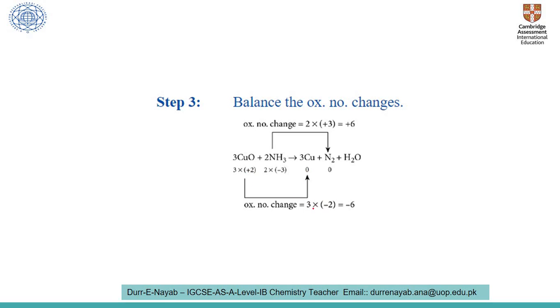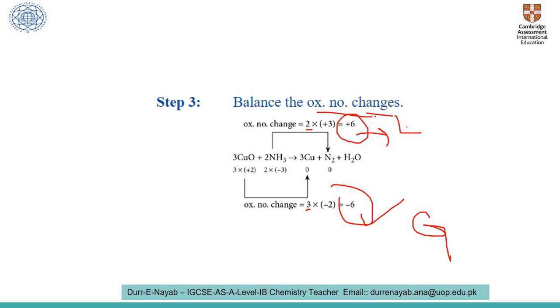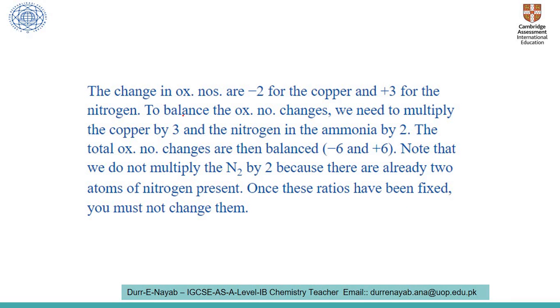So what I will do is multiply this with 3 and this with 2. So 3 twos are 6, -6 will come, and here +6 will come. So this was the gain, and here was the loss. Now the gain and loss of electrons, of charges, the oxidation number changes by the charges. That is now balanced, you can see in this equation.